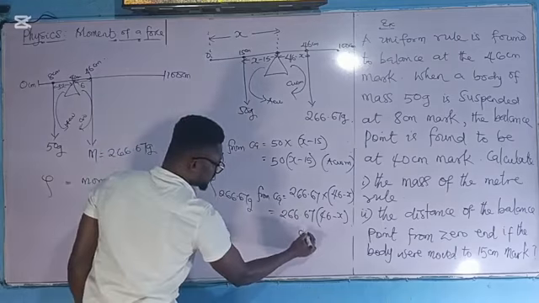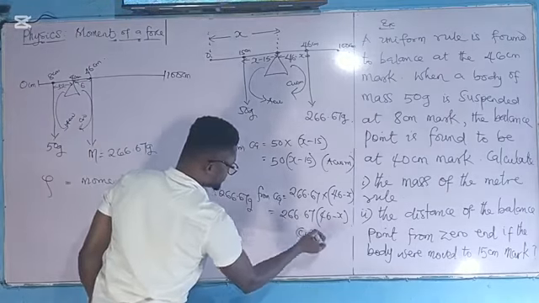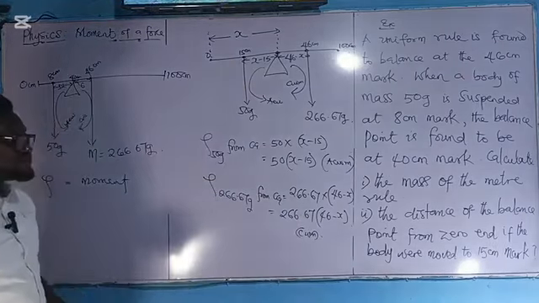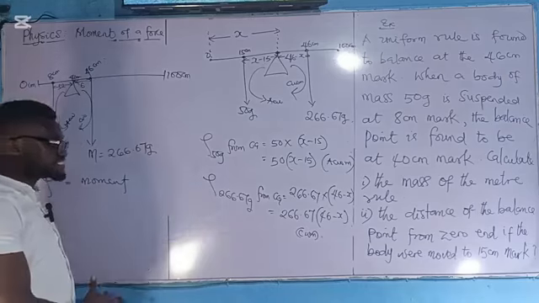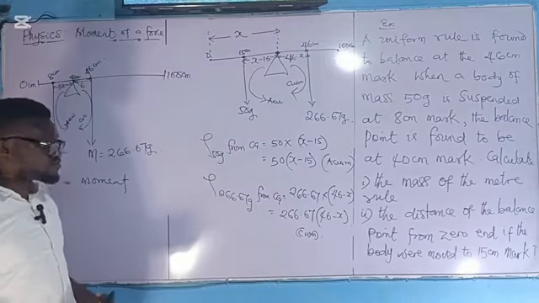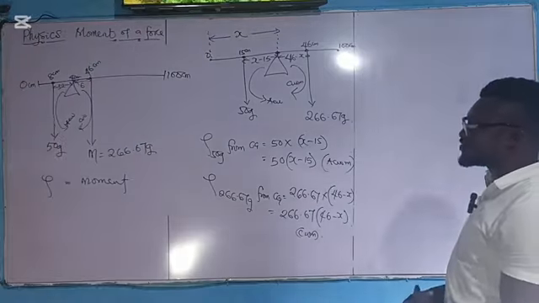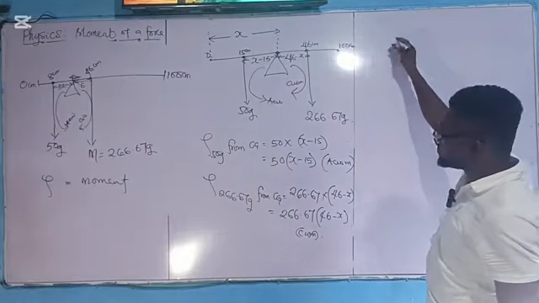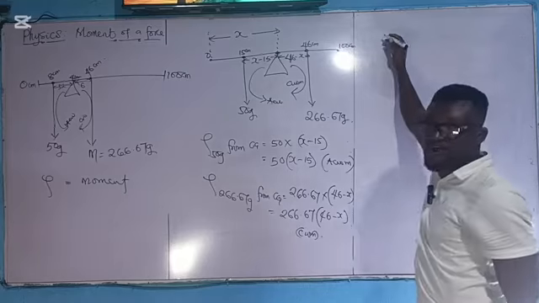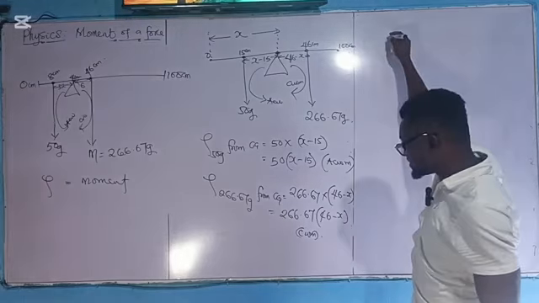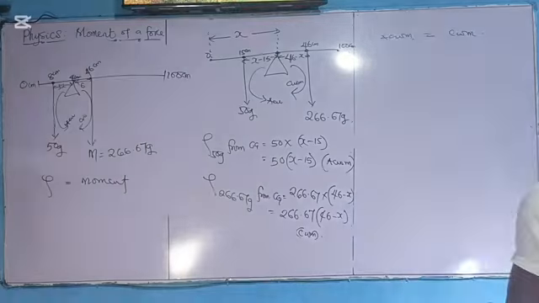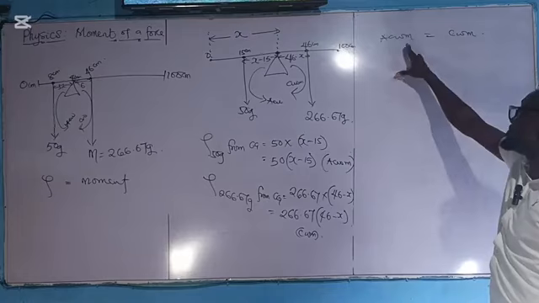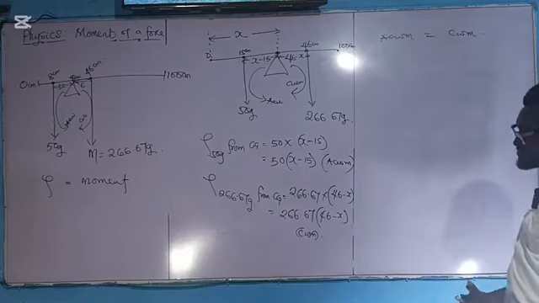So if this one is a clockwise moment, then we follow the principle of moment, which says that the anti-clockwise moment must be equal to the clockwise moment. To find the value of x, we employ the principle of moment, which states that the anti-clockwise moment is equal to the clockwise moment.